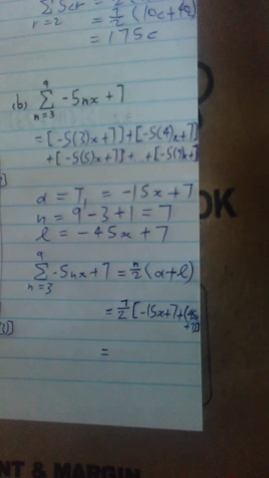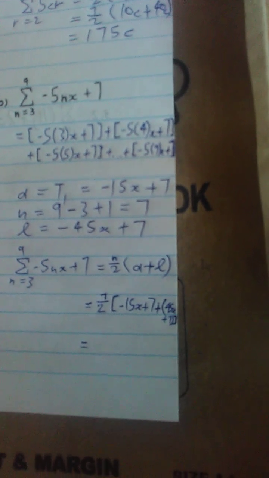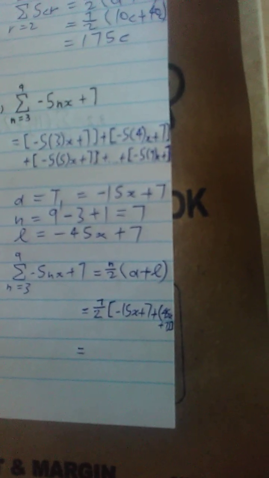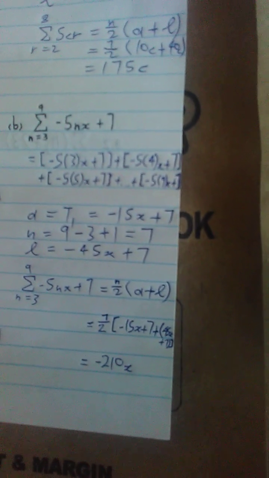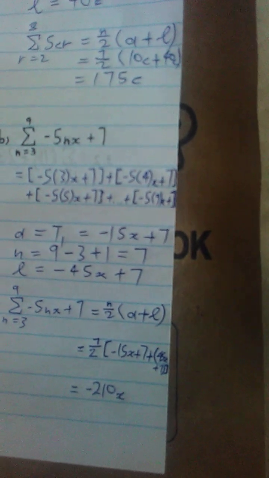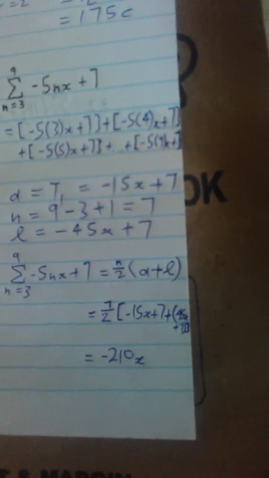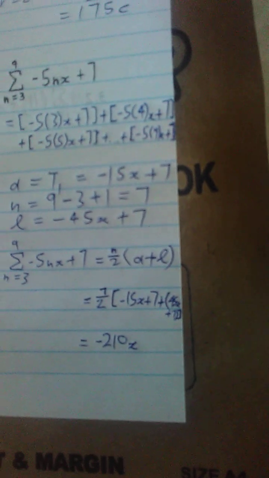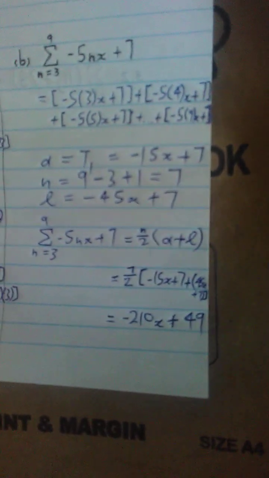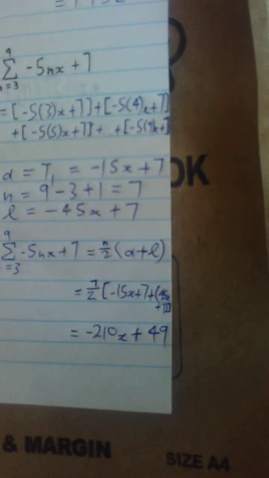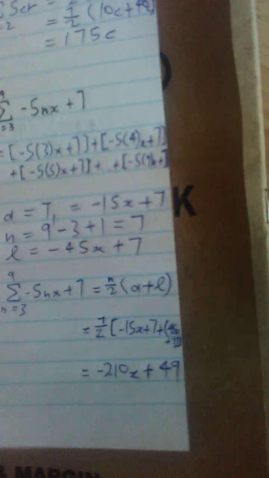Negative 60 times 7 over 2 is negative 210x, and then 7 plus 7 is 14. 14 times 7 over 2 is 49. So it's just a space issue I'm having here. Sorry about that. But I hope you understand the steps. Even if you use this formula, you're still going to get to the same final answer.